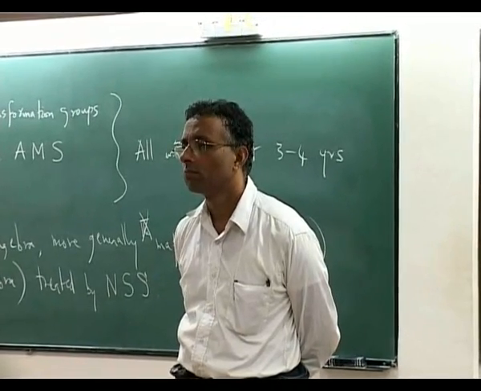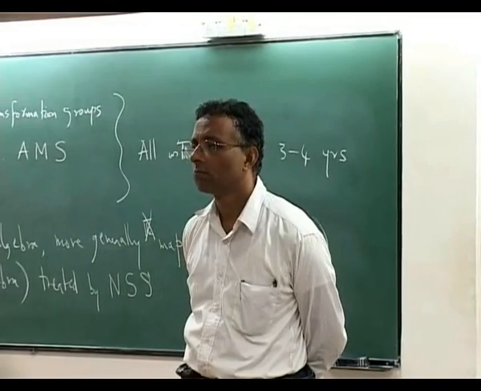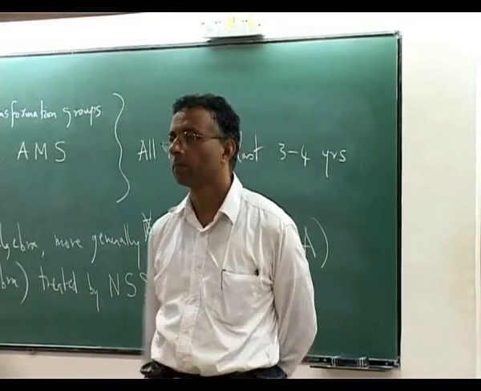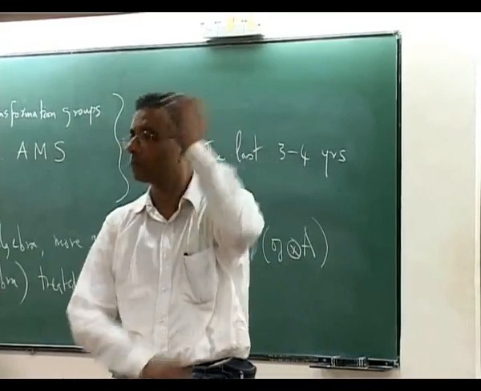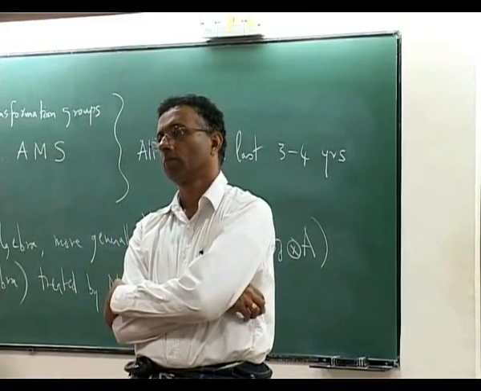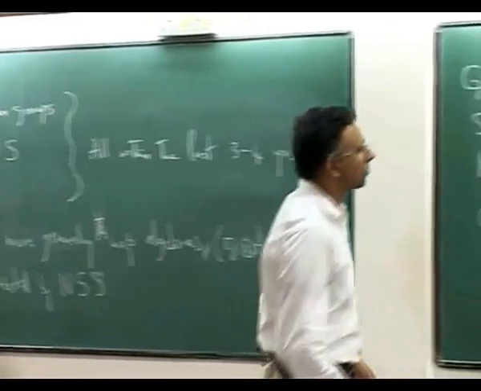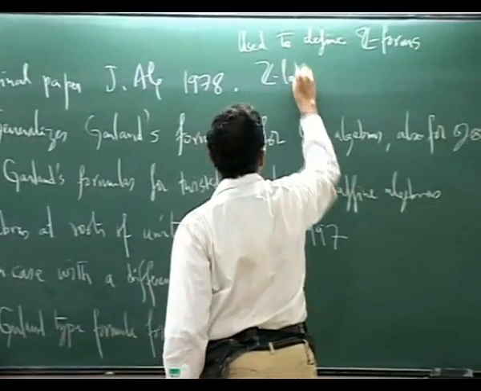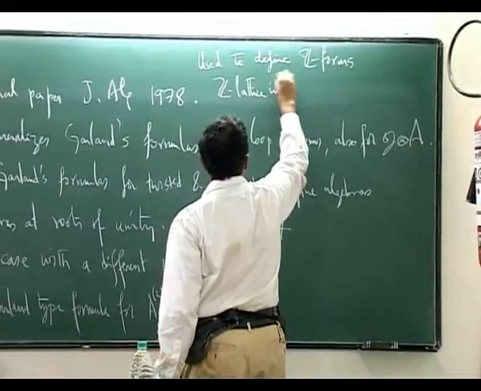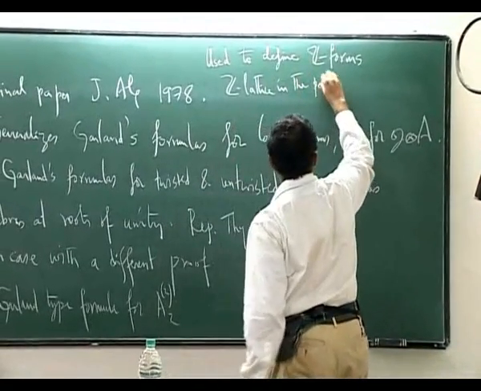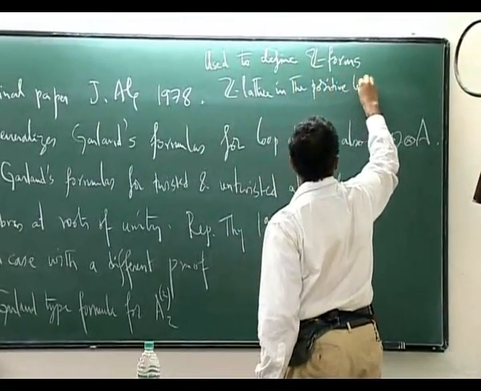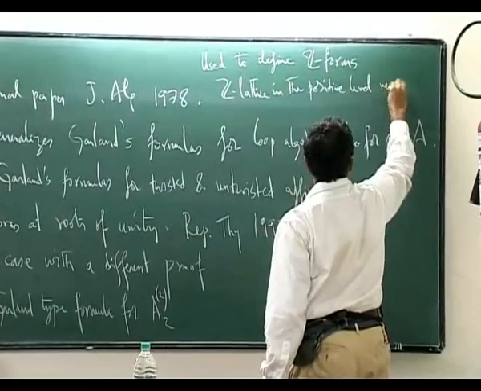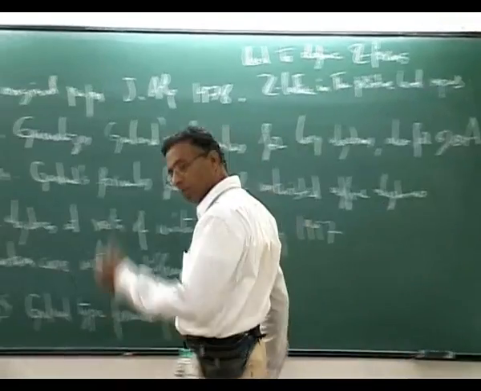So Garland proves the following. He constructed a Z form, and he also showed that you have a Z lattice in the positive level representations. So then it's immediate.